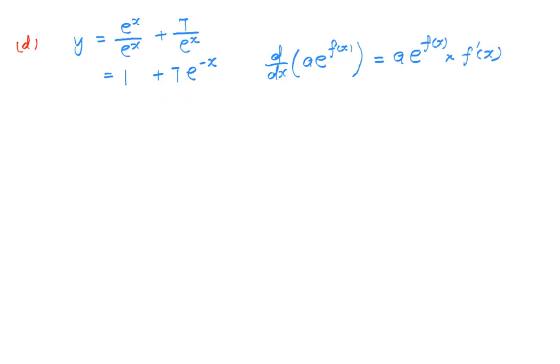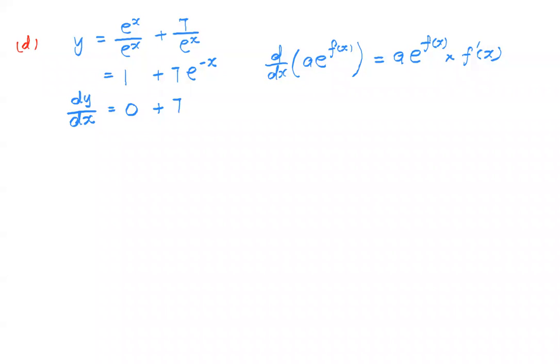Am I right? So this is written as y. The gradient function will be written as dy/dx equal to the rate of change of a constant 1, which is 0, plus. In the exam, you don't have to write this.